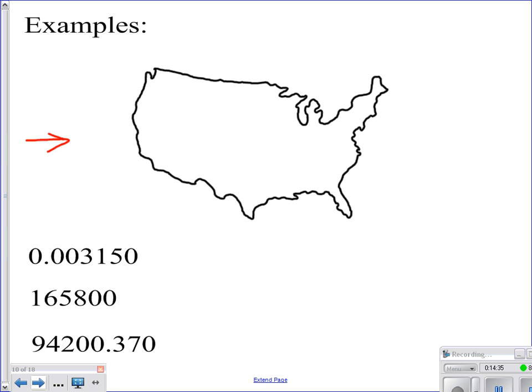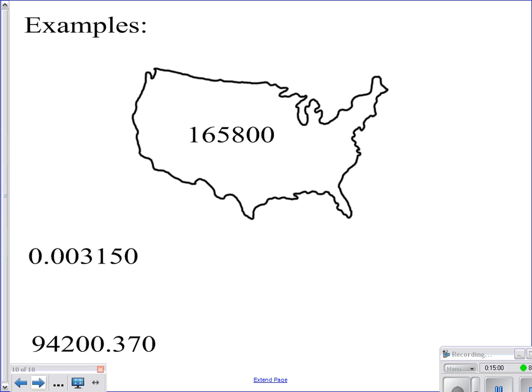Okay, next one. Is that decimal point present or absent? It is absent, so I'm going to run over here to the Atlantic, and I'm going to start at my first non-zero number. When I start there and keep counting until I fall off, how many sig figs do you have? 4. Okay, let's go with this one. Look back at your list of rules.